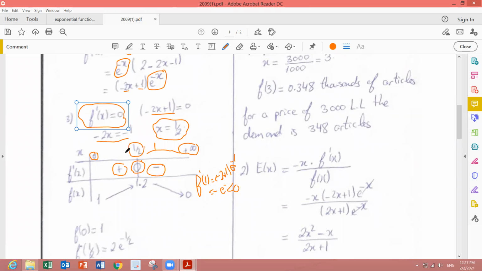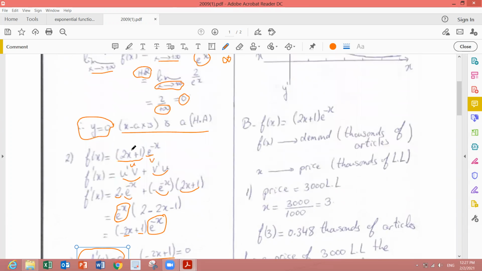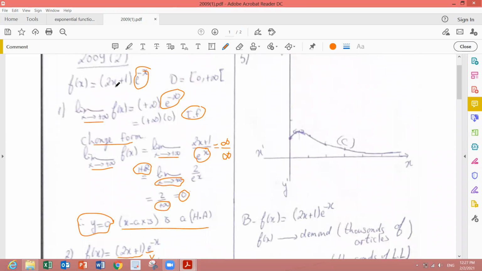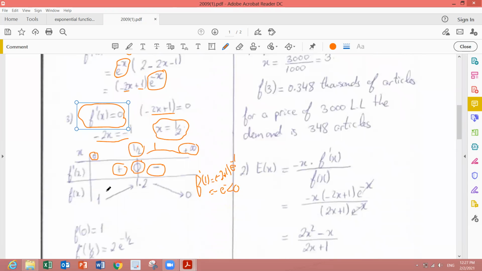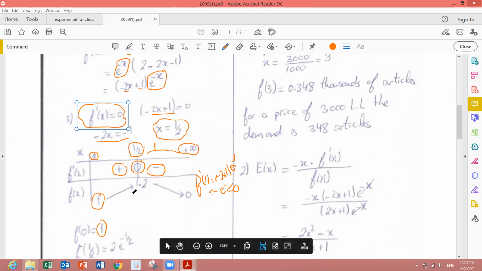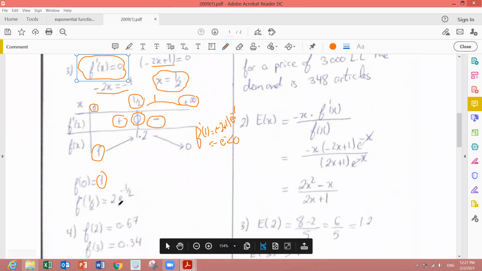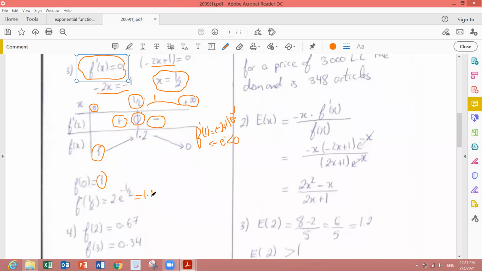Now, f of 0: if we replace x by 0, 2 times 0 plus 1 is 1, e to the 0 is 1. So f of 0 is 1. F of half, by using the calculator, is 2e to the minus half, which is 1.2.